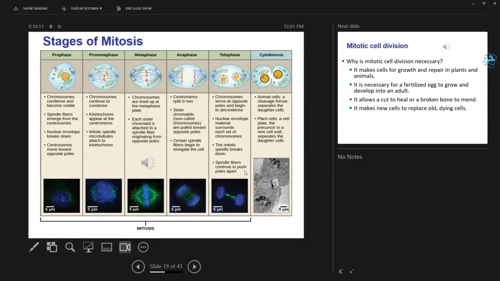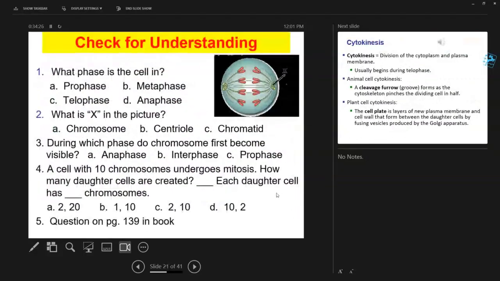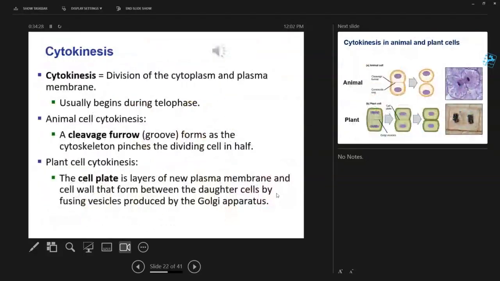And meanwhile, during telophase, the rest of the cell pinches in half, and that's called cytokinesis. And now there's 2 separate daughter cells. That pinching in half is called a cleavage furrow, a groove.